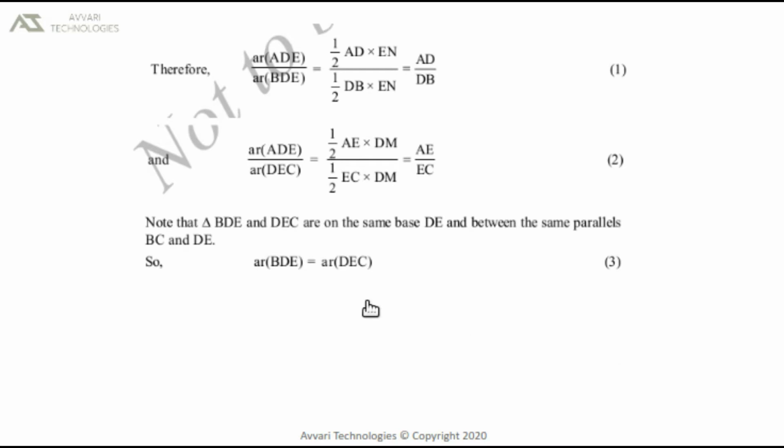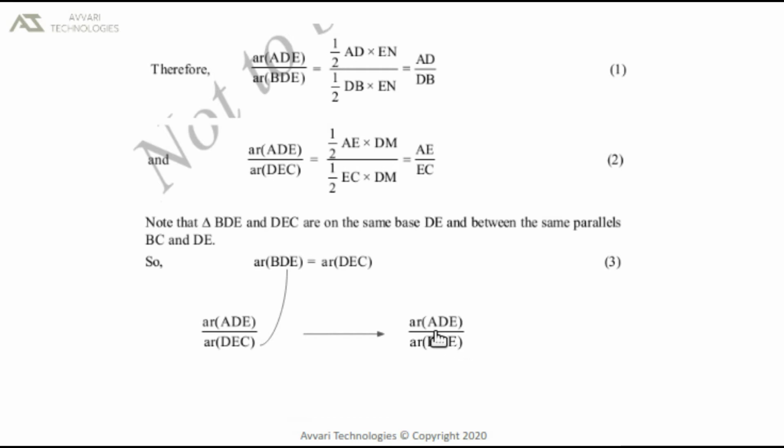Since the area of triangle BDE is equal to the area of triangle DEC, in equation 2 we can replace the area of DEC with the area of BDE. So the equation becomes this. Can you notice something strange?